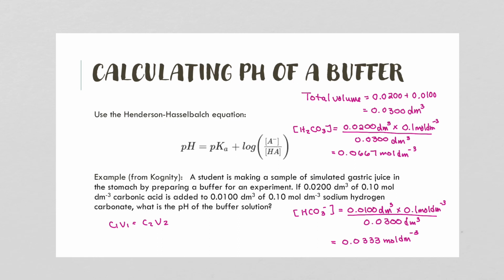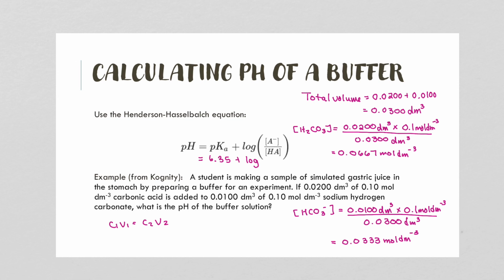Now we can plug our information into the Henderson-Hasselbalch equation. First you have to look up the pKa for carbonic acid, and we can find that in the data booklet, and that's equivalent to 6.35. And then we're going to add the log of the base over the acid.